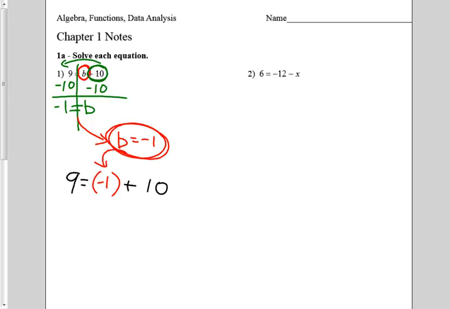And we can check that in my calculator and say, is negative 1 plus 10 equal to 9? You bet. That means I'm guaranteed that this is the correct answer. You're going to have plenty of time on your assessments. Get used to checking your answers.